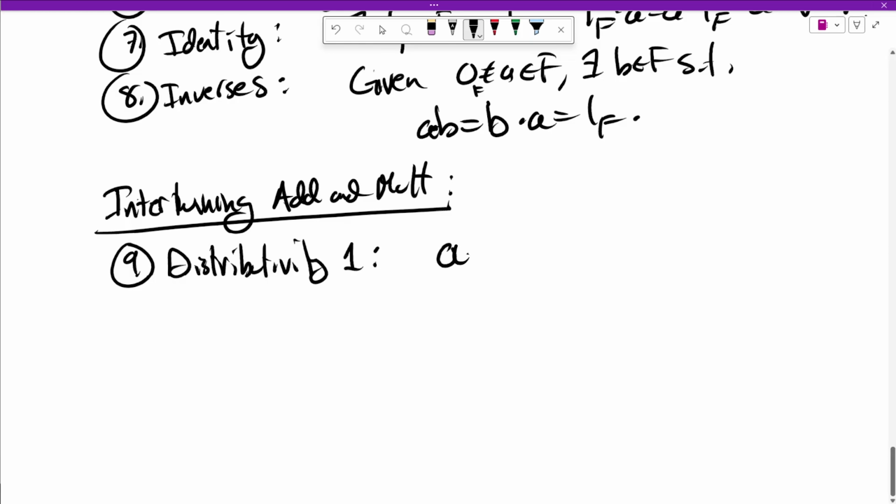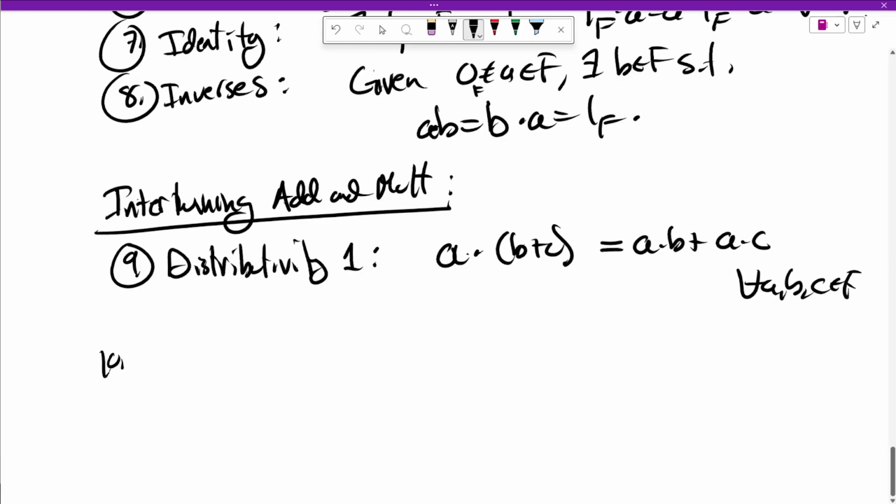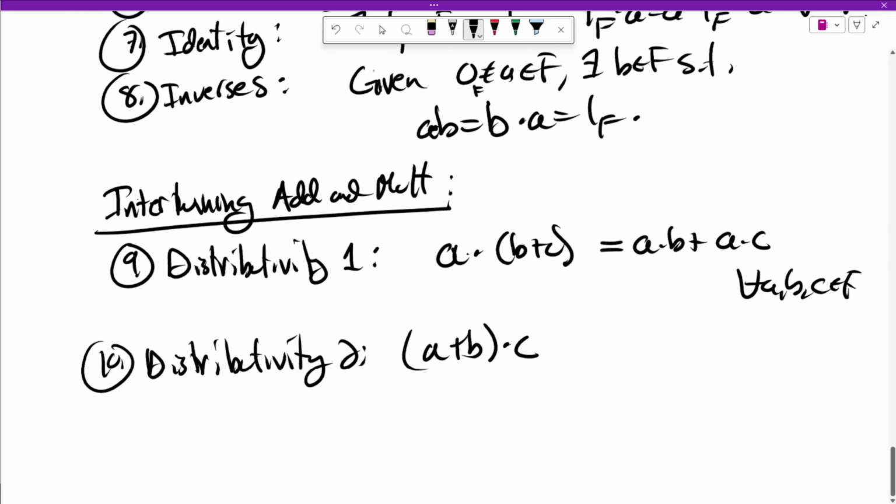So A times (B plus C) should be equal to AB plus AC for all A, B, C in F. And then what your book is calling distributivity 2 is (A plus B) times C on the right should be the same as A times C plus B times C for all A, B, C in F. Now, in fact, you just need one of these because of our commutativity properties. And that'll be an exercise to show you just need one of them.